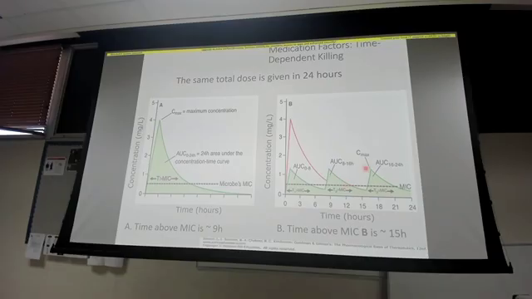Oh, I'm falling below, okay, I need another dose. So each of these peaks that you see is another dose. And now you see that I have about 15 hours over that MIC. Therefore, I had greater killing of that bug. I killed more of my bug, okay? That was more beneficial because I stayed over my MIC for a longer period of time.